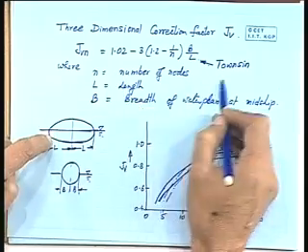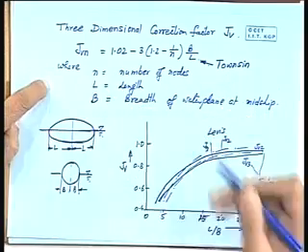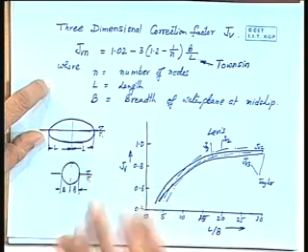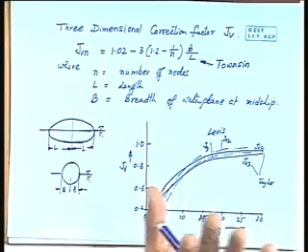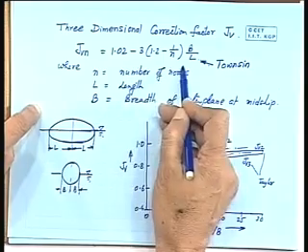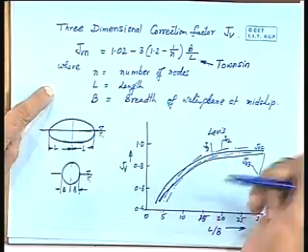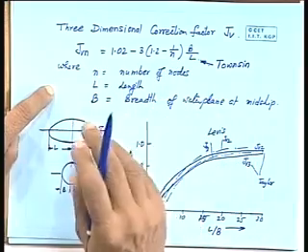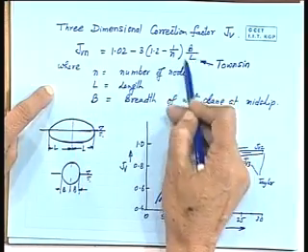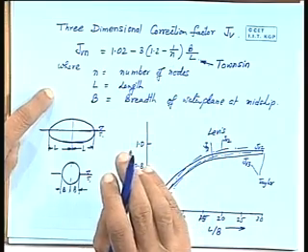But what this gentleman had tried to show is that it is definitely dependent on the number of nodes in which the ship will be vibrating. And this is an attempt to give the value of this coefficient based on the number of nodes. Of course, mean dimension is also there, but number of nodes is also there.